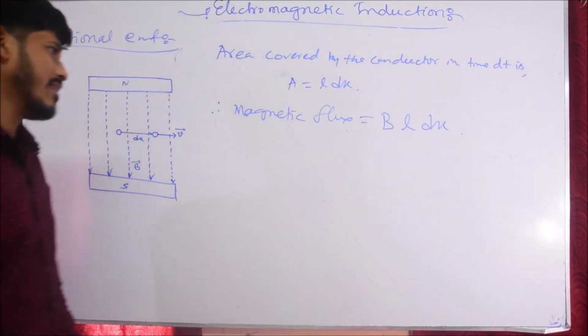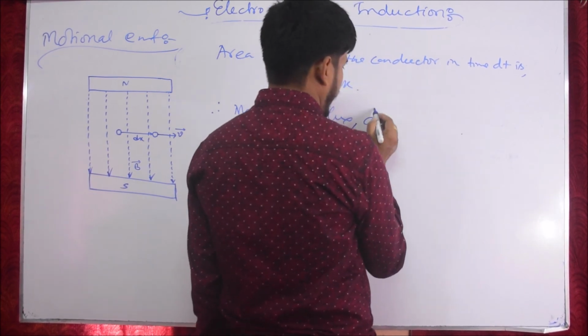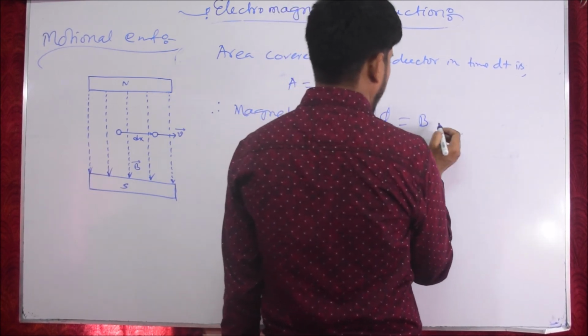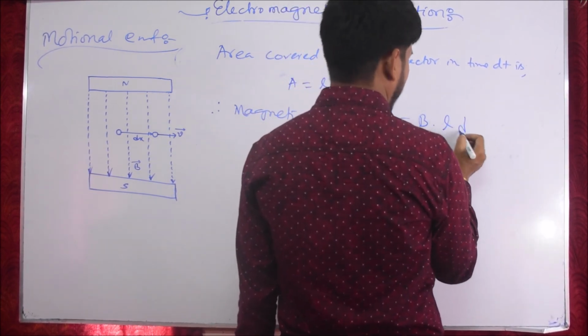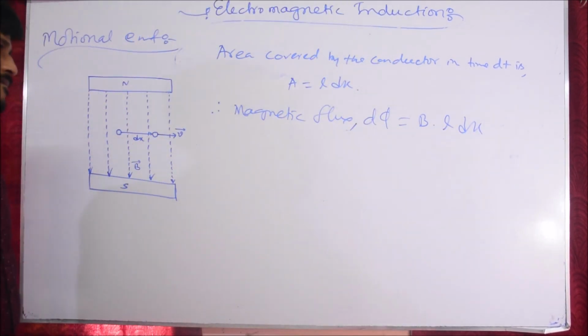Now you see, magnetic flux d phi is equal to B, magnetic field, into L dx, the area.